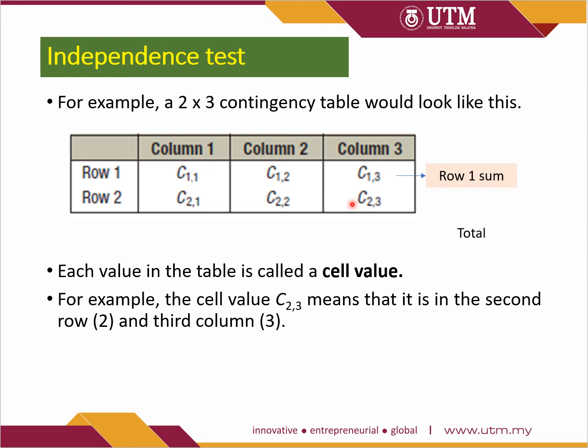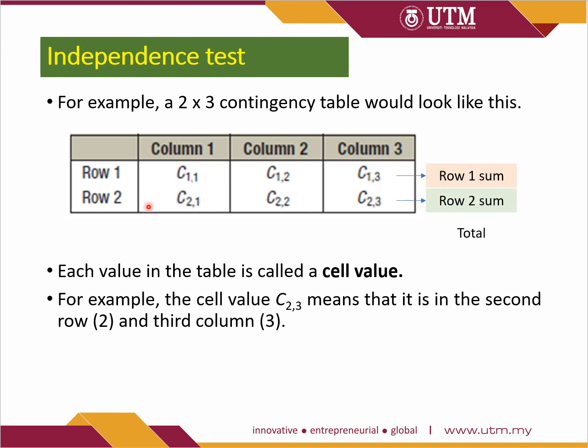The row 1 sum is the summation of C11 plus C12 plus C13. So here we add all the cell values in the first row. This is the row 1 sum.